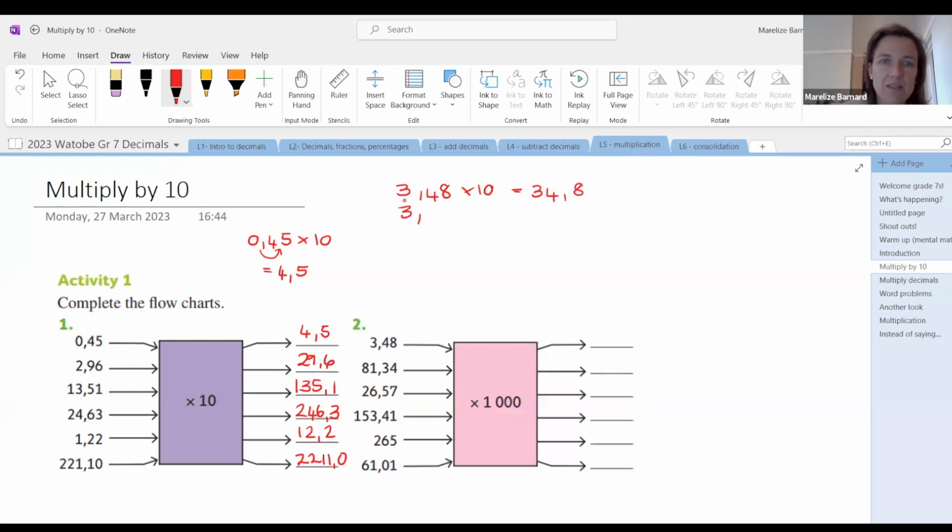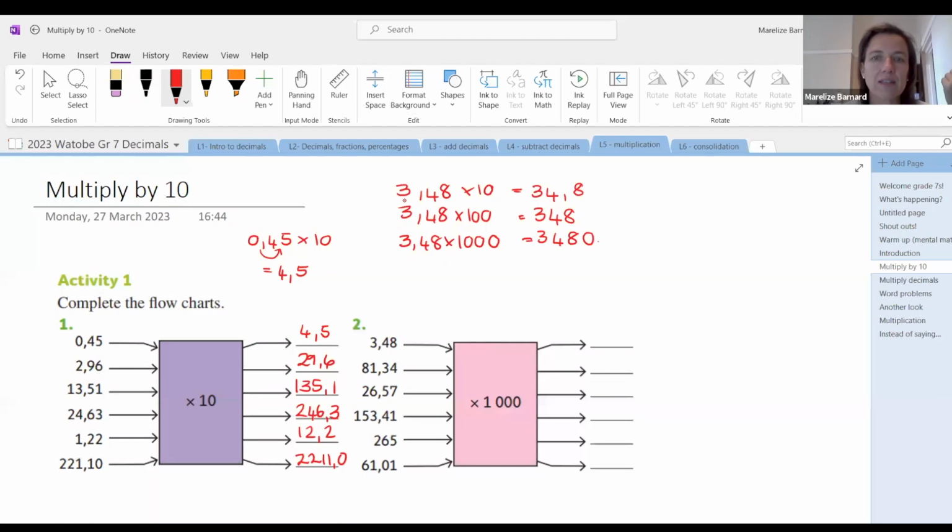So if we times it by 100, how many spaces are we going to move the comma? 1, 2. We make it 100 times bigger, so we move the comma 2 spaces. And that means if we are going to times by 1,000, how many spaces are we going to move it to the right? By making it bigger, by 3 spaces. There we go.